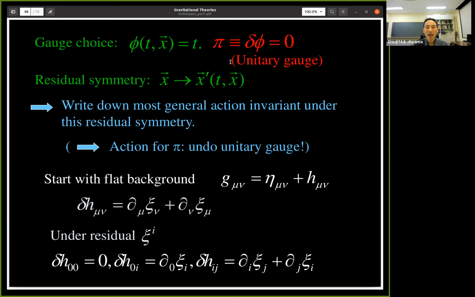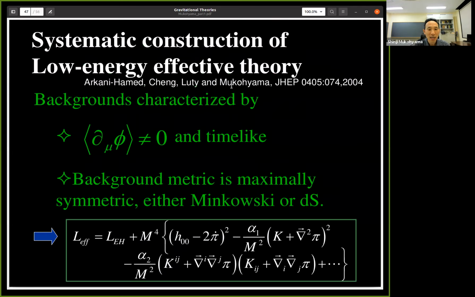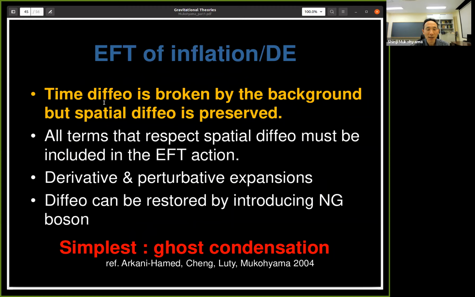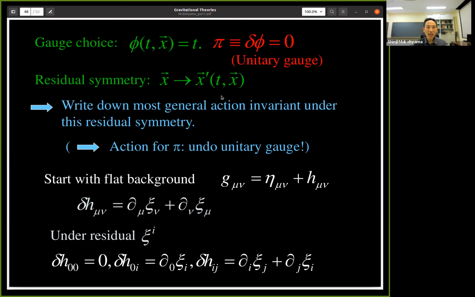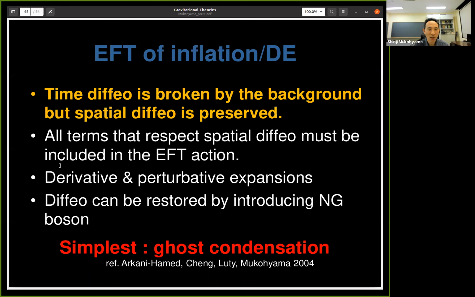This means that the fluctuation of the scalar field, which we sometimes call π, is 0. This is a gauge choice. With this choice, the residual symmetry is spatial diffeomorphism. Spatial coordinates can be changed to any function of time and space, as I wrote here. So the spatial diffeomorphism is unbroken. This is the unbroken symmetry, so we can write down the most general action invariant under this residual symmetry. This is the strategy: we need to include all terms that respect the spatial diffeomorphism.